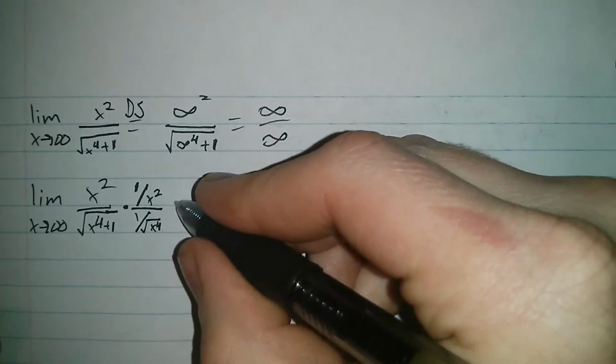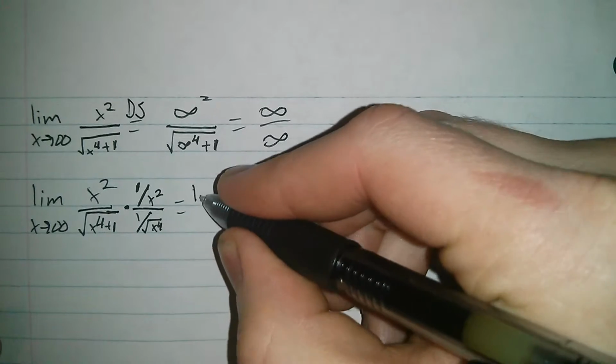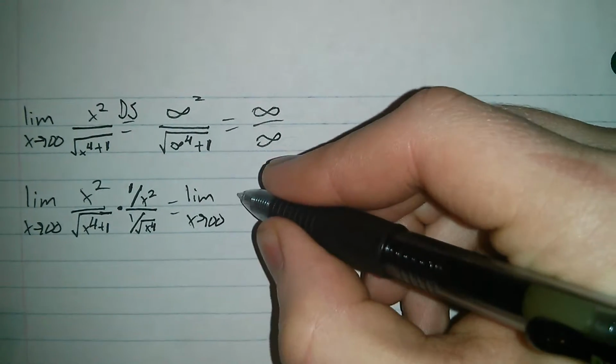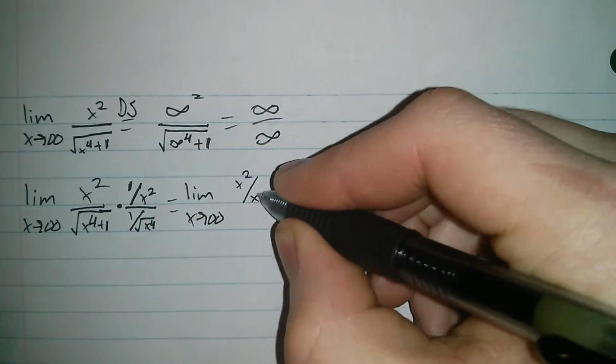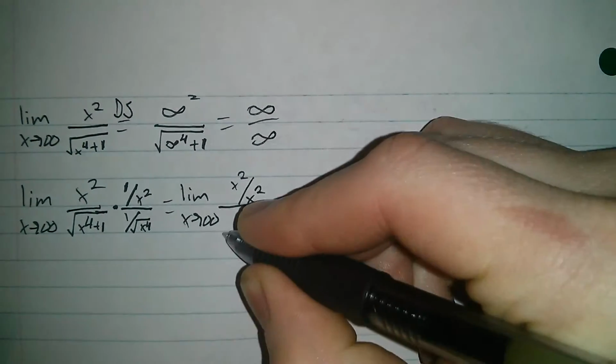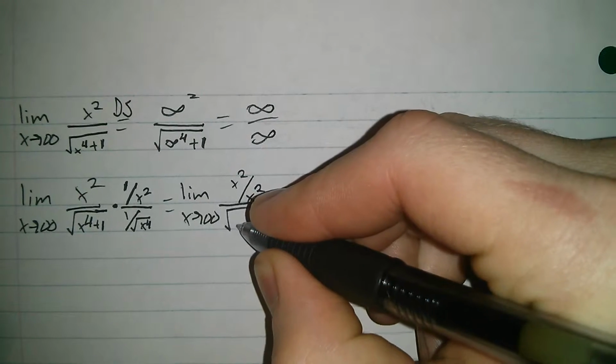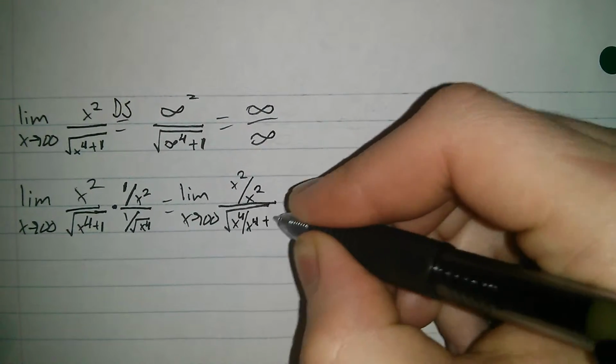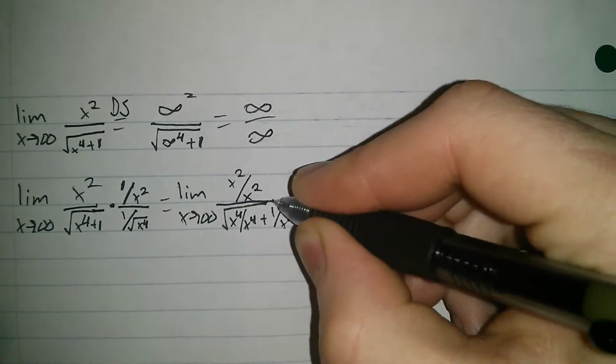We're not changing anything. This is equal to the limit as x approaches positive infinity of x squared over x squared, all over the square root of x to the fourth over x to the fourth plus 1 over x to the fourth.